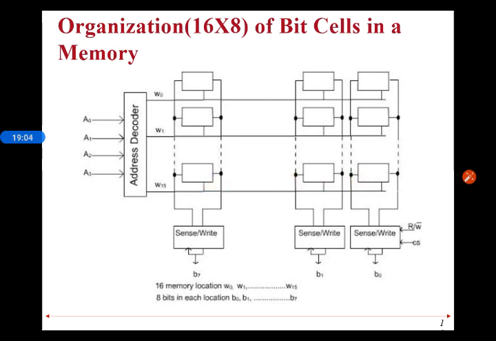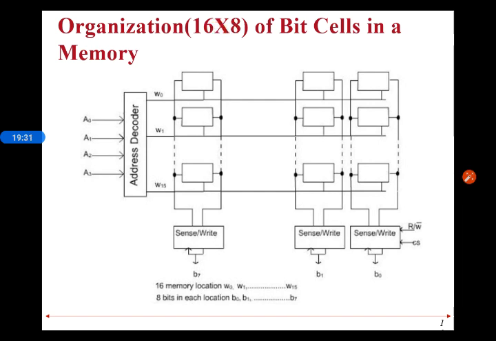That is what is meant by 16 in this case. And what about 8? If you look at the bit lines, this is B0, this is B1, this is B7. So how many columns can you see? 8 columns. Did you understand the concept of 16 by 8? It means 16 rows, 8 columns.